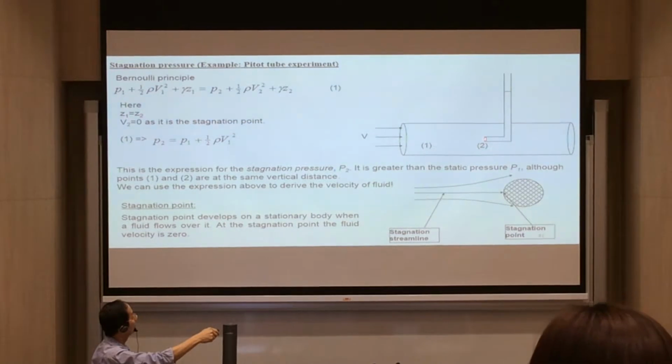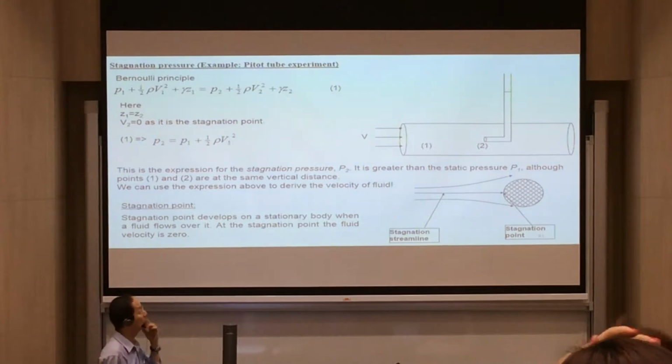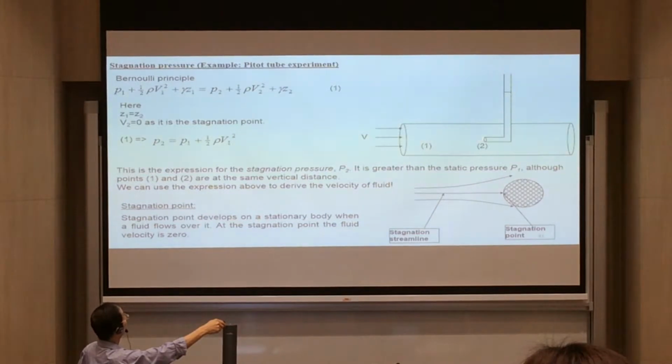Now, when you push this fluid all the way up to a certain level, we balance out the upward force and the downward force to equalize. So at this point, what happens to the velocity at point 2? The velocity of the flow is 0. So V2 is 0. It is called a stagnation point.